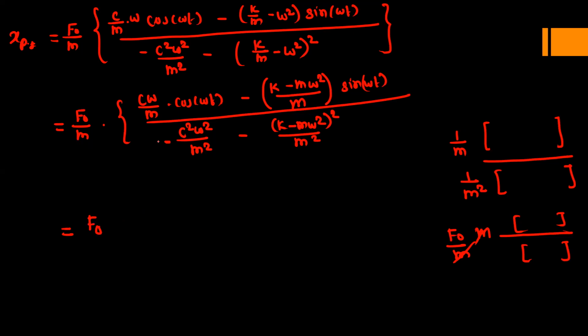And multiply by minus sign to numerator and denominator. So we can write the equation as, so this is cancelled.